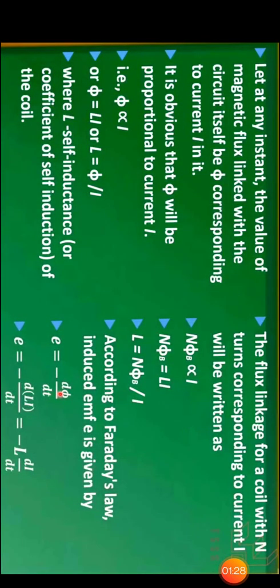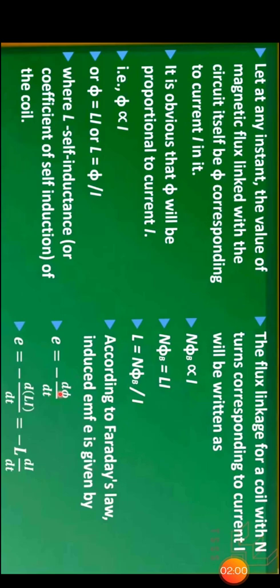It is obvious that phi will be proportional to current I, that is phi is directly proportional to I, or phi is equal to L into I, or L is equal to phi upon I, where L is nothing but the self-inductance or coefficient of self-induction of the coil.